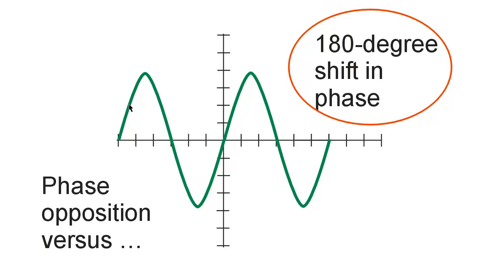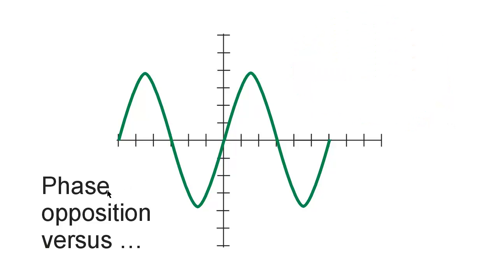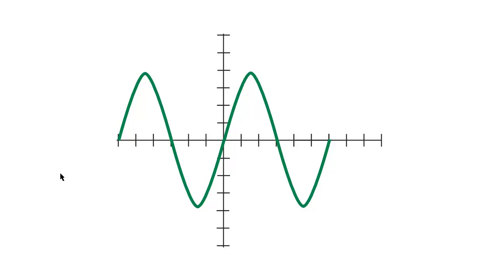If we displace it by 1/2 a cycle to the right, that is a 180-degree phase shift. Remember that a complete cycle of a wave comprises 360 degrees.